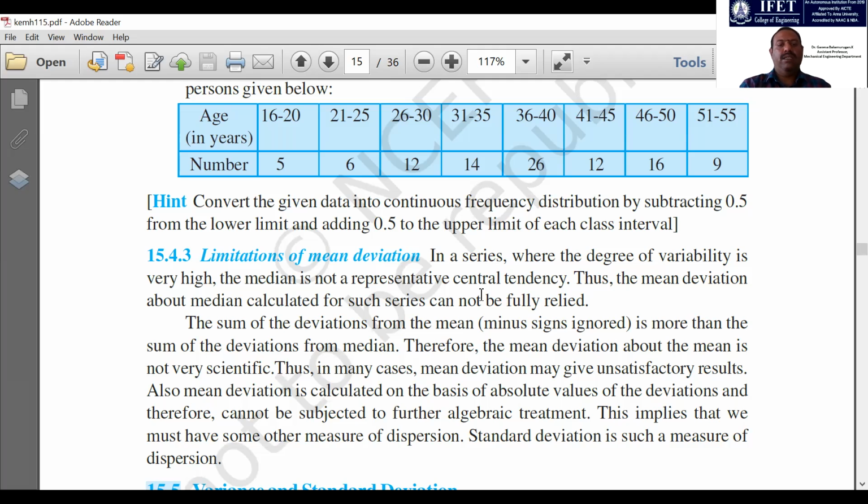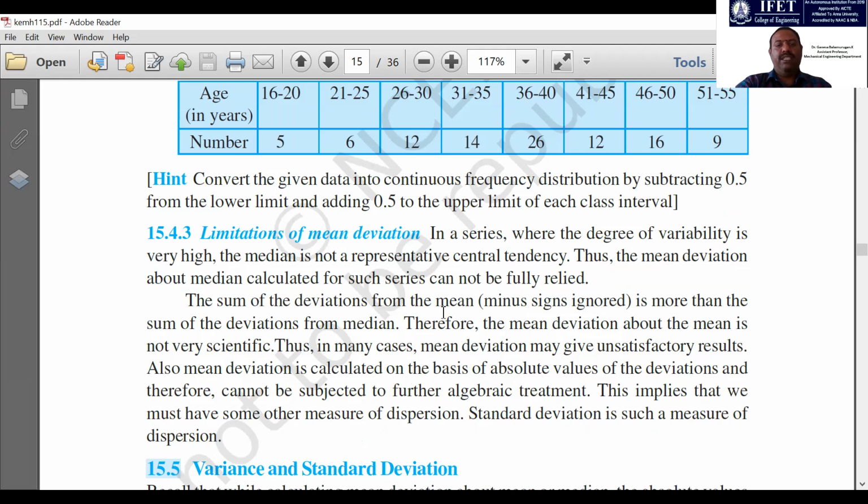The second one is that the sum of deviations from the mean is more than the sum of deviations from the median. There are two central tendencies we are using, mean and median. Sometimes we find the deviations from the mean, and we can find the deviations from the median.